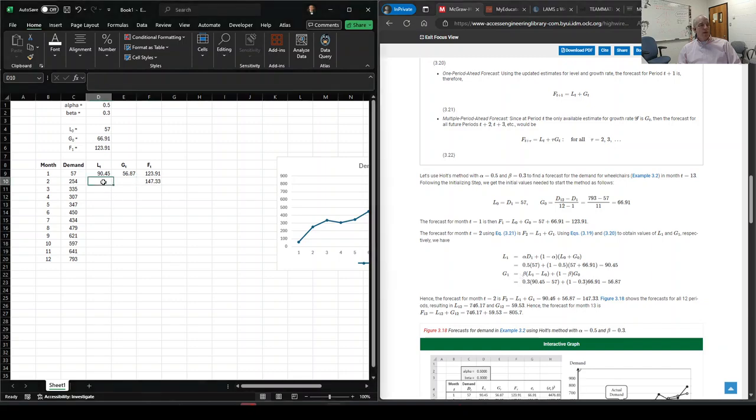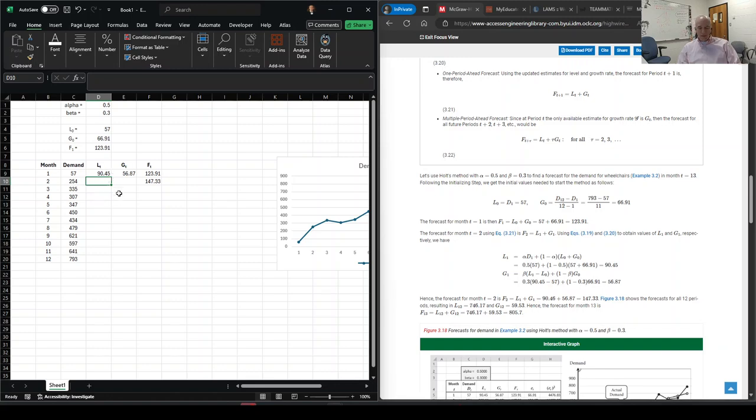Okay, so if we have our ducks in a row, there's one minor change we need to make when we do these numbers. We're pulling from these up here. So if I were to do this formula for L2 and G2 one more time, then we can copy all these formulas down and find out what our forecast is going to be for essentially week 13, which is where we're going right here.